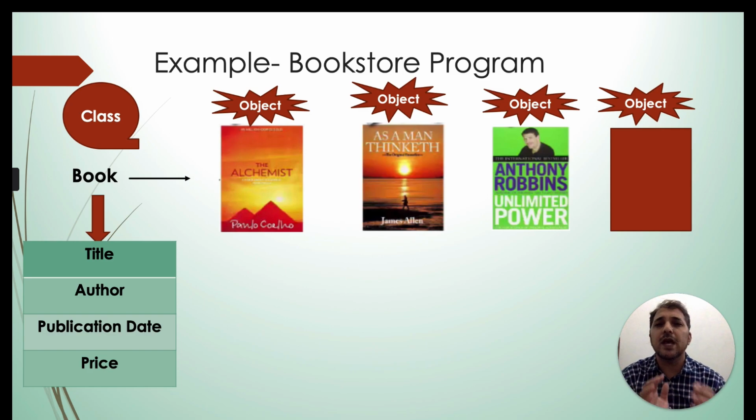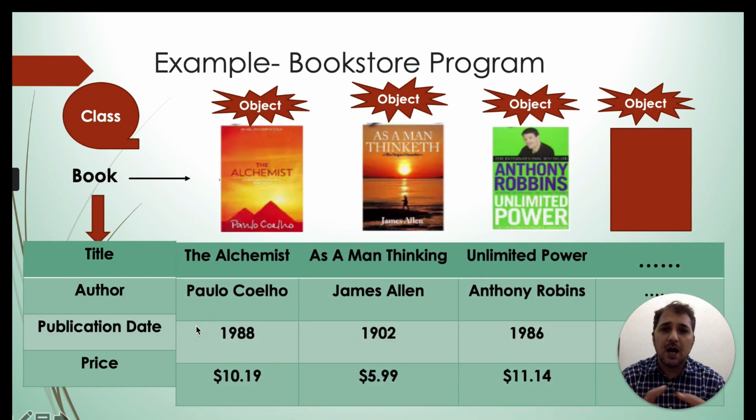You will think how you can briefly represent any object of type book. The brief description of each book is like this: title, author, publication date, and price. Now all these objects have these properties: the title, the author name, the publication date, and the price.